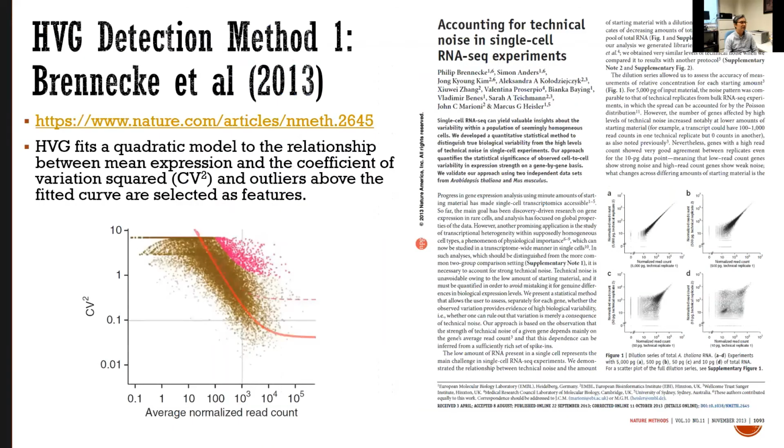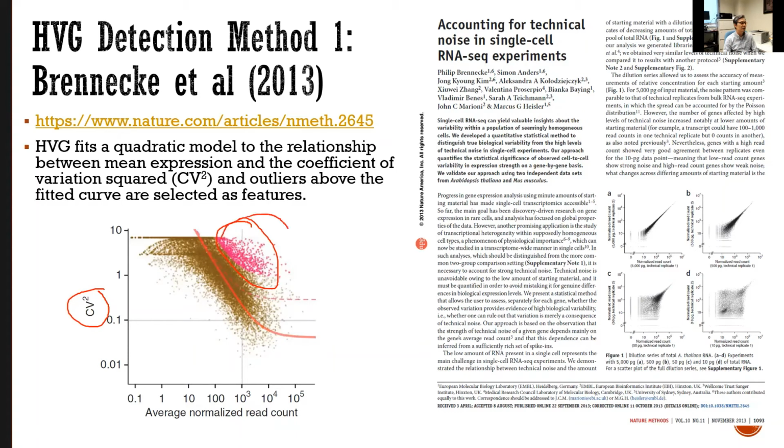That's the idea proposed in 2013 by Brennecke in the paper, and here they use CV squared, the same idea. They use the residual CV squared to find genes which have a higher variability in their single cell expression compared to the expected value.